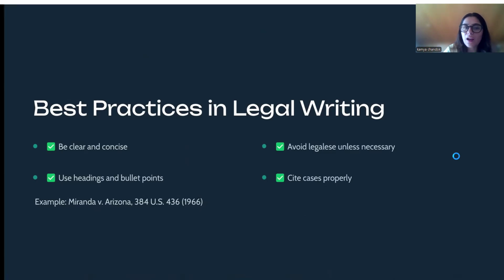For example, in Miranda versus Arizona, you must exactly mention the case name, volume number, court, and the year of the citation as well. Poor writing can confuse the reader and even harm your case in the first place. When you have a well-written memo or contract clause, however, it can save time and prevent costly disputes at a later stage.